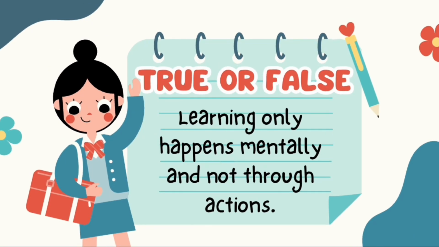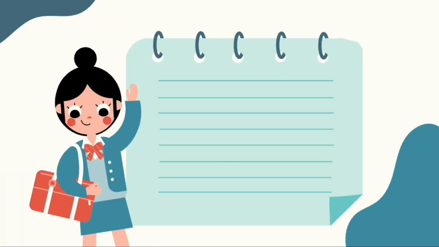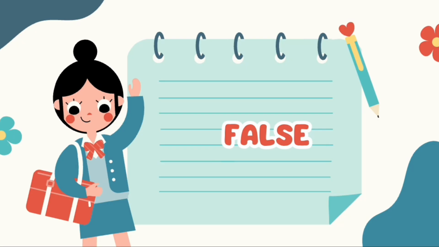Next one is, learning only happens mentally and not through actions. Is it true or false? This is false. Learning involves both mental processing and active behavior. While our brains play a big role in understanding concepts, real learning often occurs through experience and practice.